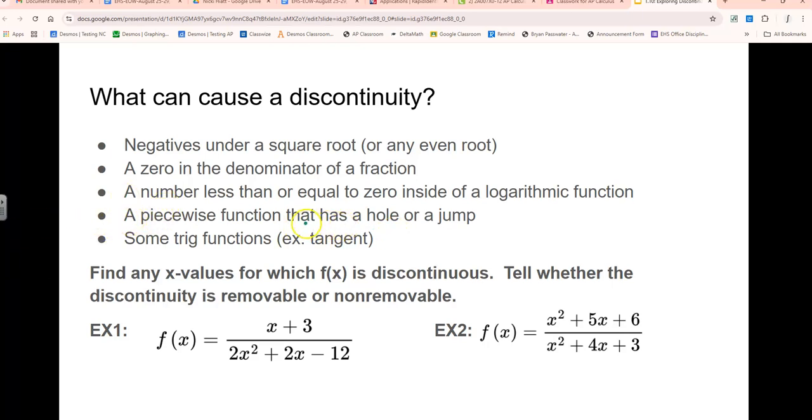A piecewise function that has a hole or a jump in the graph. You could have either one of those. Jumps are most typical, where your two pieces of your graph do not meet up. And then some trig functions have vertical asymptotes. For example, tangent. Really, all of them except for sine and cosine have vertical asymptotes. They're not as common to see, but you do see them some.